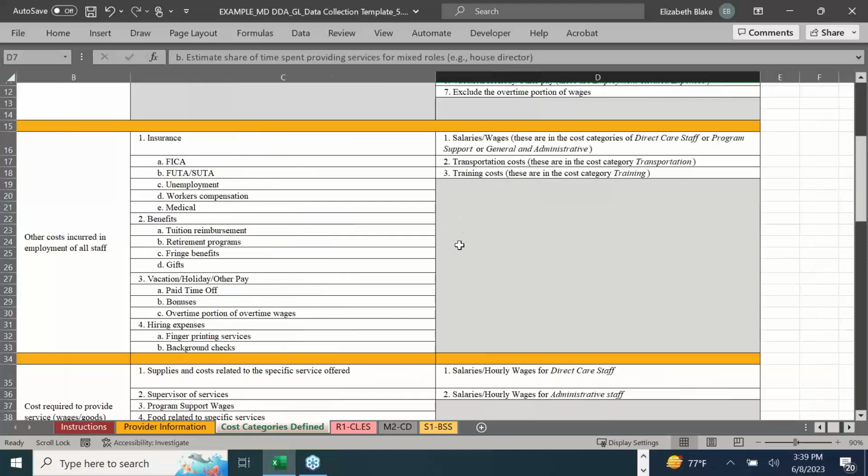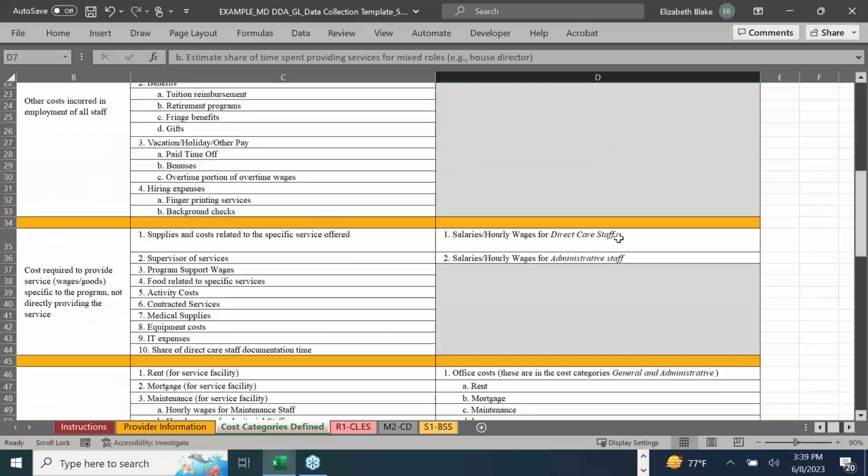For items to exclude here, we have salaries and wages, which are going to be in either direct care staff, program support, or general and administrative, depending on whose wages and salaries we're talking about. We're also going to exclude transportation costs because these are in our transportation costs category, and we're going to exclude training costs, which will be under our training category.